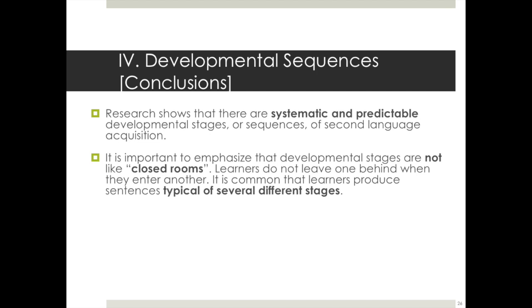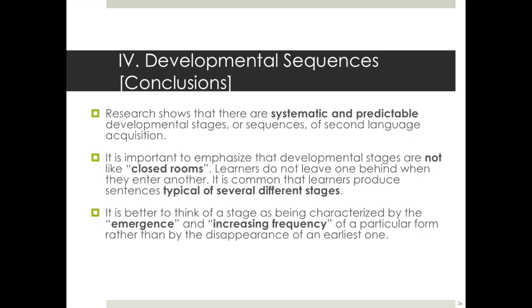However, it is more common sometimes that learners will produce sentences typical of several different stages. Therefore, it is better to think of a stage as being characterized by the emergence or the increasing frequency of a particular form rather than by the total disappearance of an earliest one.